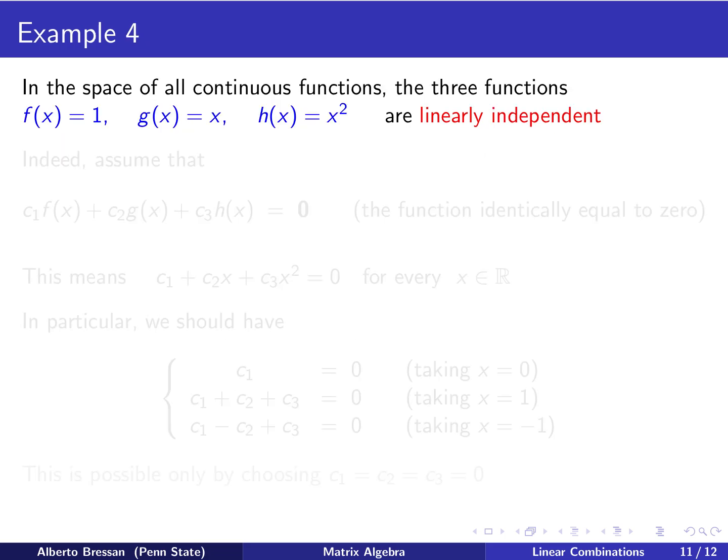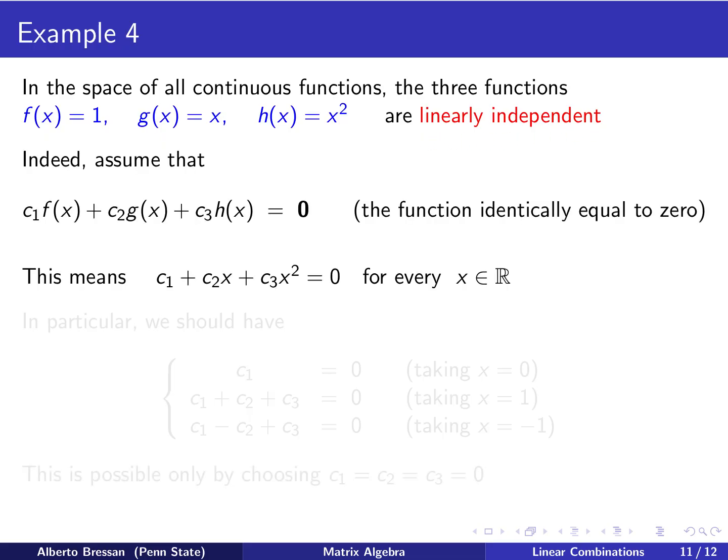Okay, so one more example. Let's consider the space of continuous functions, with the 3 functions f(x) is 1, g(x) is x, h(x) is x squared, and we want to show that they are linearly independent. Basically we can follow the definition, and form a linear combination of these 3 with coefficients c1, c2, and c3.